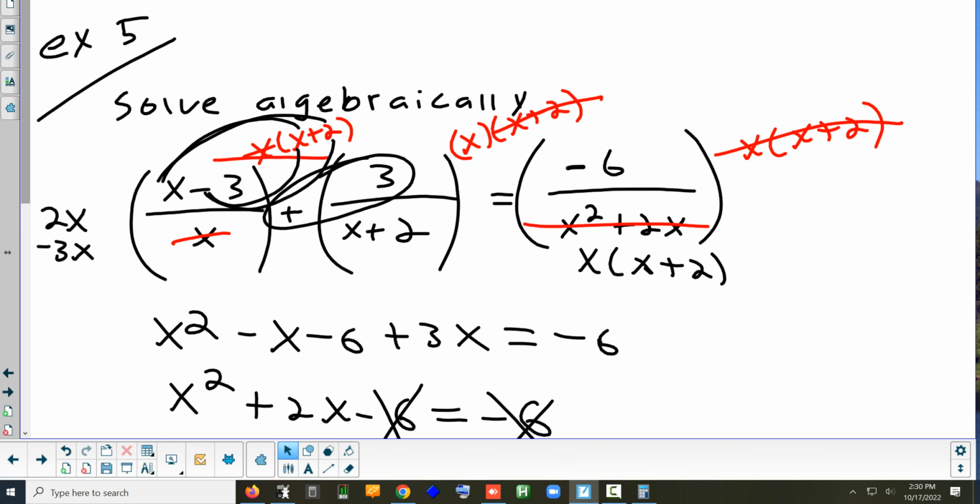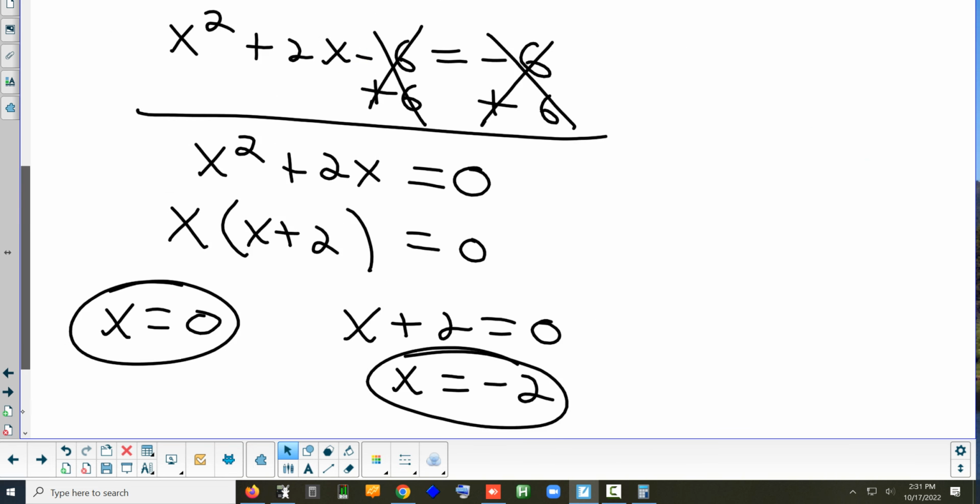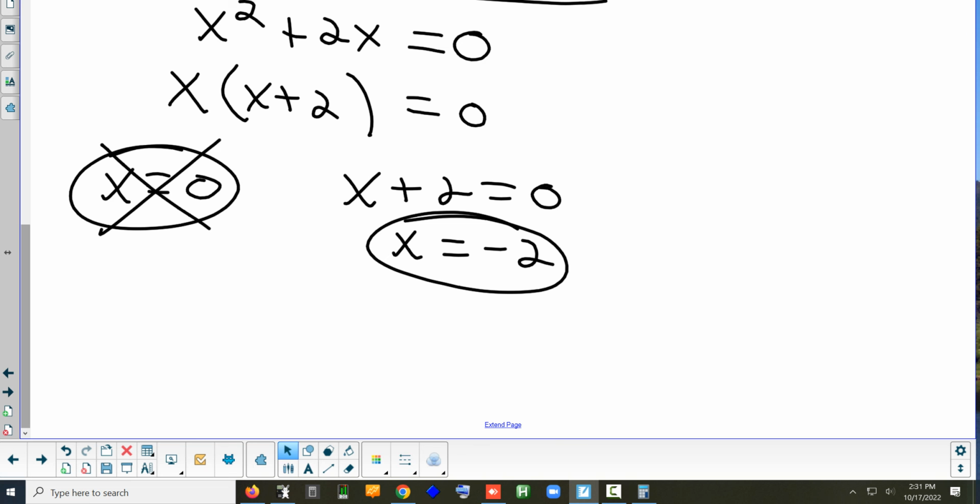And if you can't see what's in the bottom, there you go. Can we plug 0 back in? No. That would cause you to divide by 0 right there. Can you plug negative 2 in? No. Negative 2 would cause you to divide by 0 there. So what that means, both of the answers to this problem are extraneous. There is no solution.